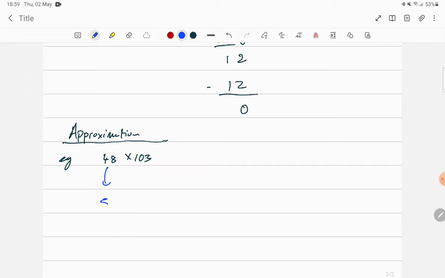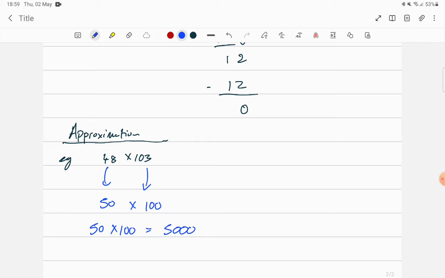So this would get rounded off to 50, and 103 would get rounded off to 100. Therefore, we would say 50 times 100, which is essentially 5,000, is approximately or will be very close to what 48 times 103 is.